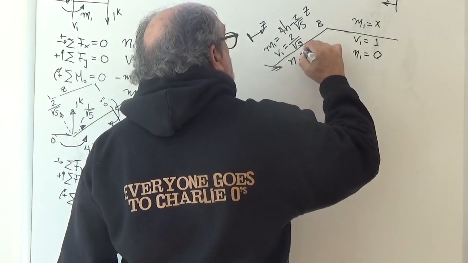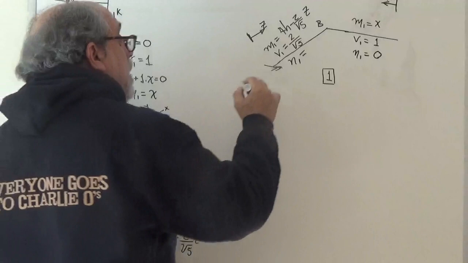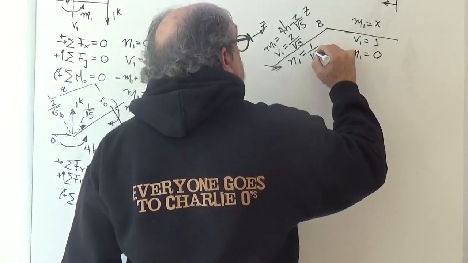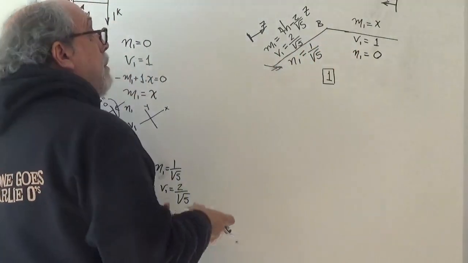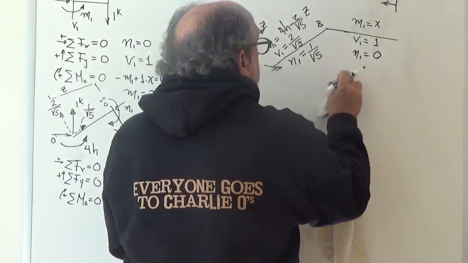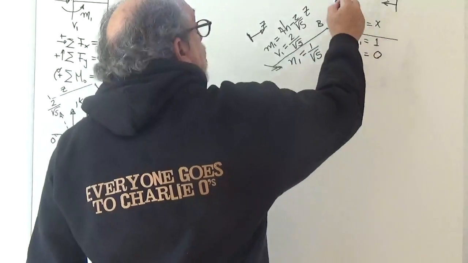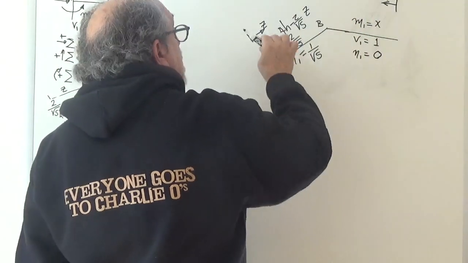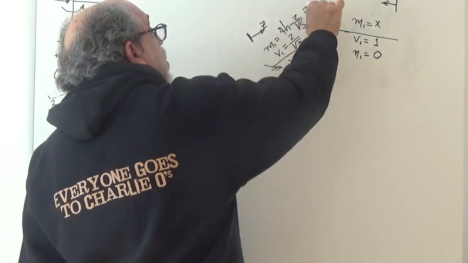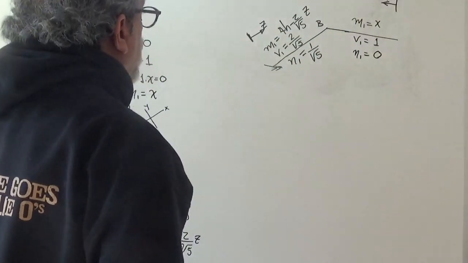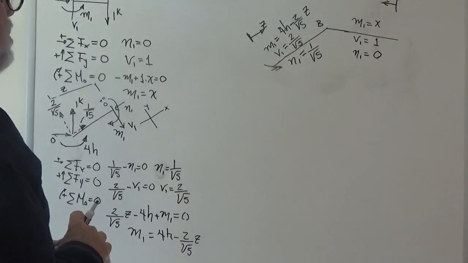And we have N1 equals 1 over square root of 5. Okay? X starts from here and it goes up to 2H. Z starts from here and it goes from 0 to square root of 5 H, right?